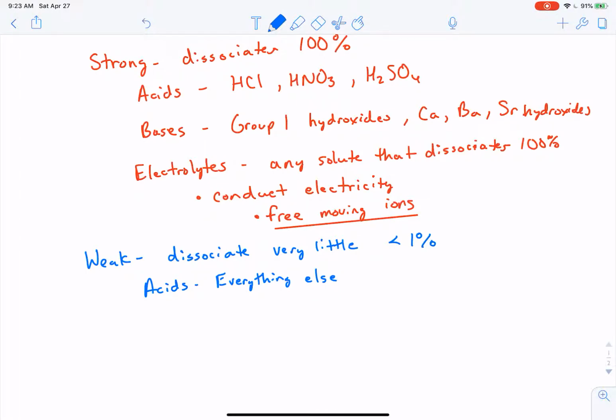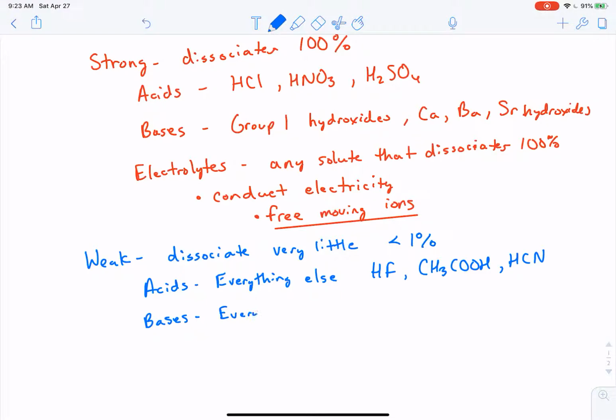So, common weak acids that you should be familiar with: hydrofluoric acid, ethanoic acid, cyanic acid. Those are kind of the common weak acids that you see in reactions and equations.